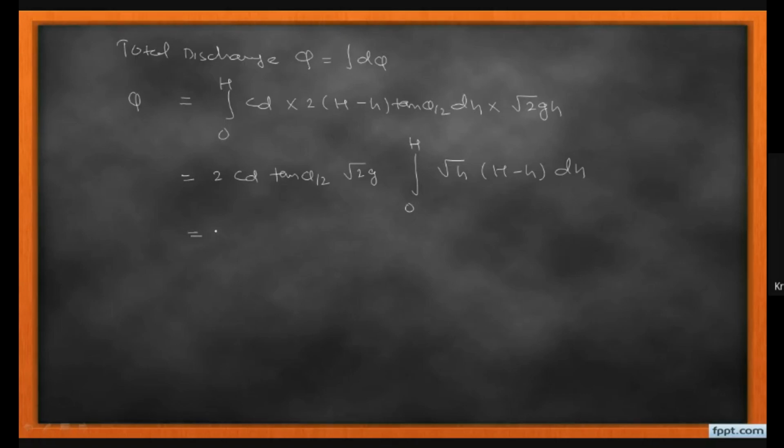So we get 2 Cd tan theta by 2 into square root of 2g.